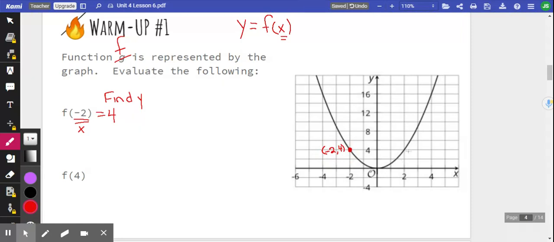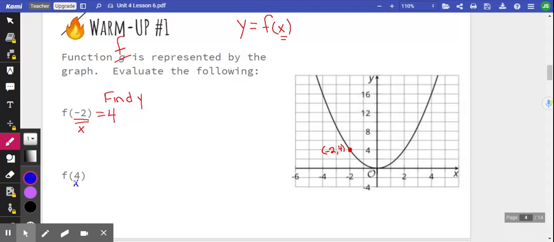The shape is called a parabola. Okay, we're going to be spending more time with these later on this year. Okay, so when x is -2, the y is 4, and now I can evaluate that function. What I'd like you guys to do now is try this next one, f of 4. Okay, so if we're finding f of 4, this is in parentheses again.